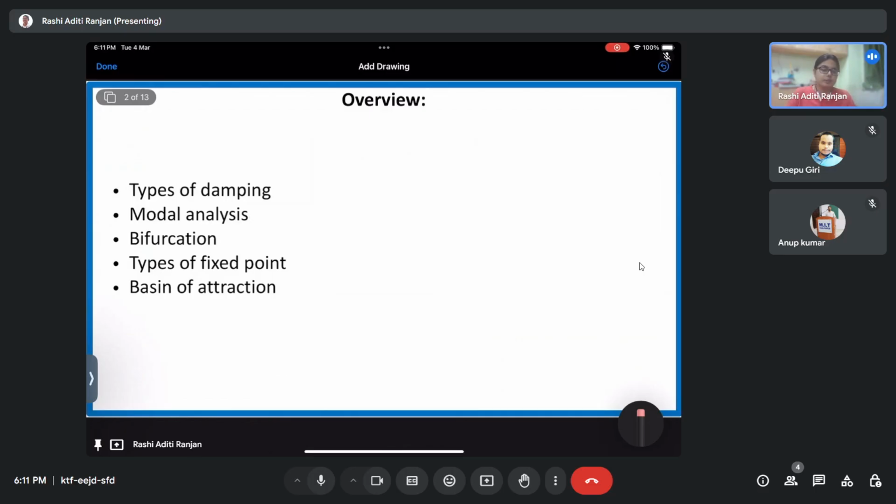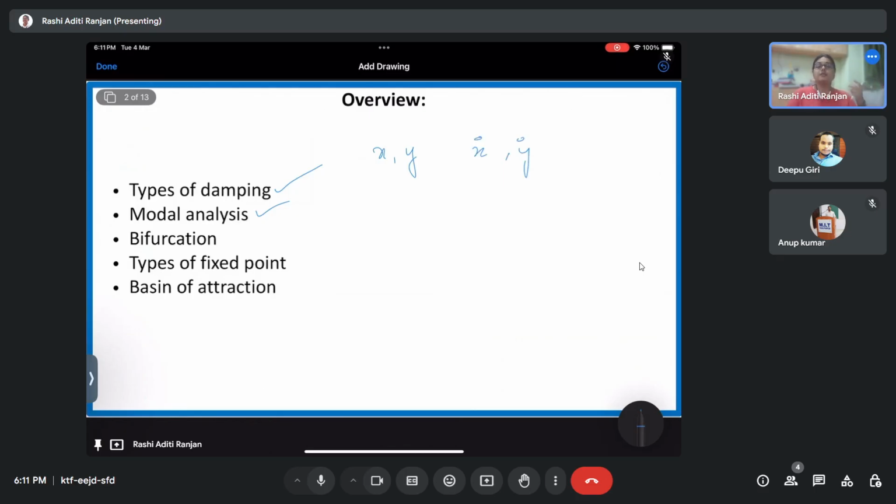Then there was discussion about modal analysis. In case of a linear system, modal analysis is essentially important because, for example, if we have a 2 degree of freedom system and both the equations are coupled, like x and y, then we write the equations of x double dot, y double dot. In that case, these equations are going to have the terms of x as well as y.